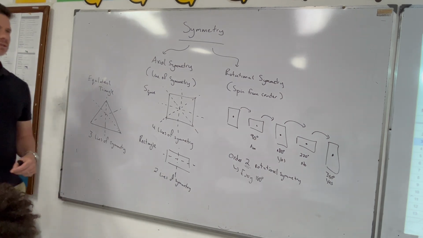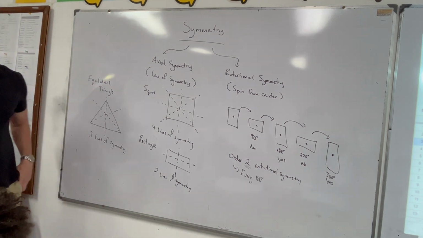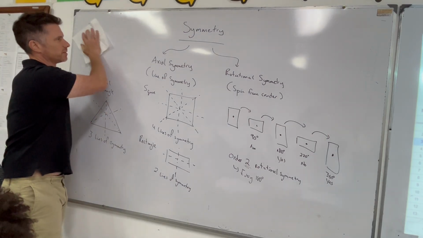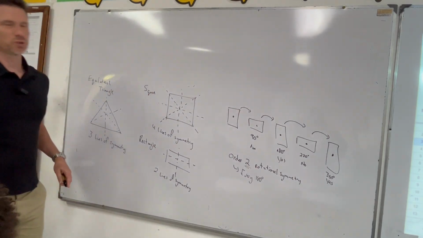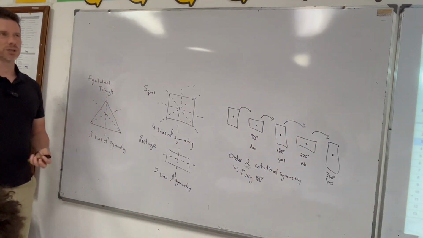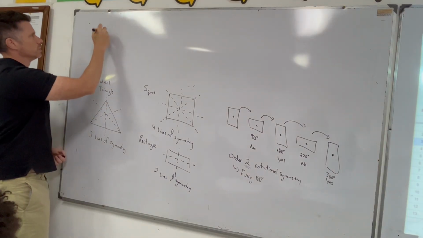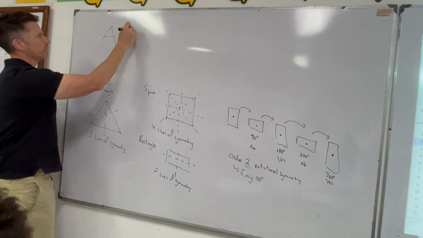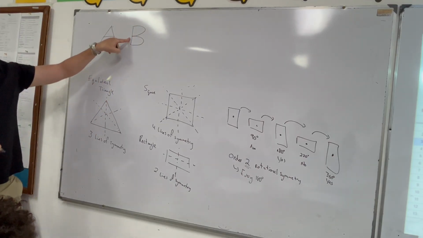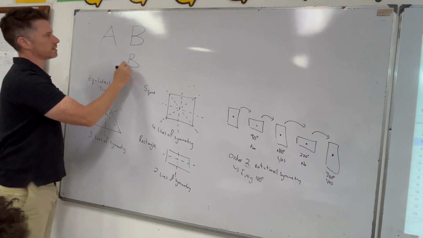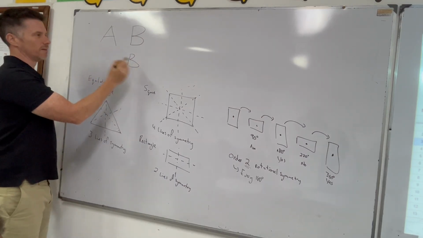In the other class, nobody got this challenge, correct? I'll get rid of this bit. I'm just talking about axial lines of symmetry. I want you to go through the letters in the alphabet and draw them as perfectly as you can. For example, B here, sometimes you can draw a B like this, and that wouldn't have any lines of symmetry.